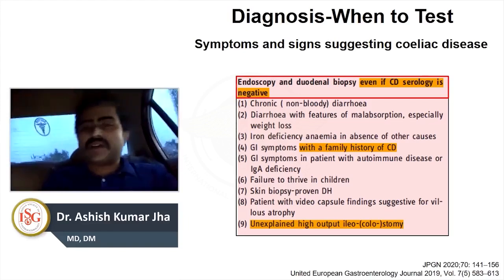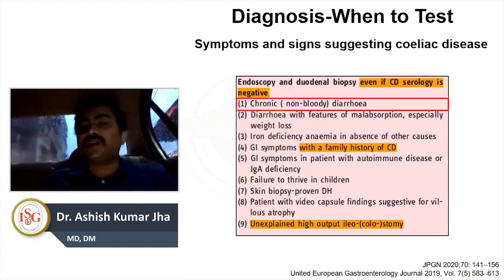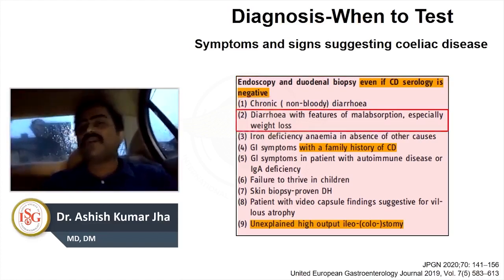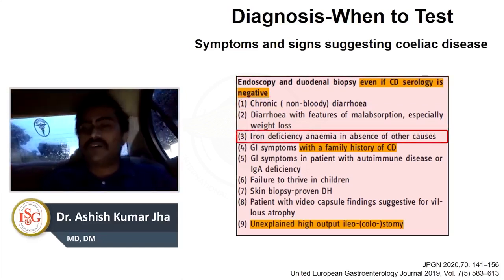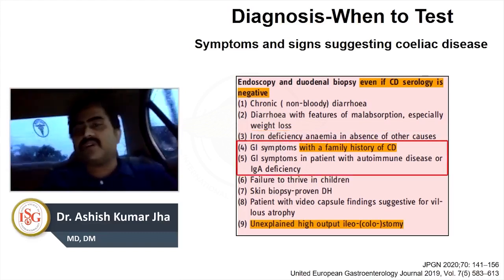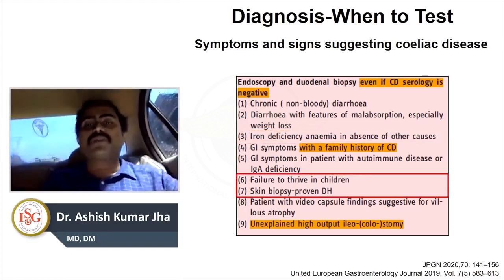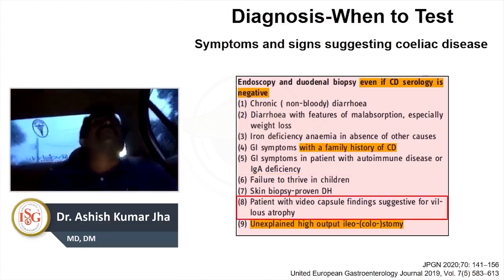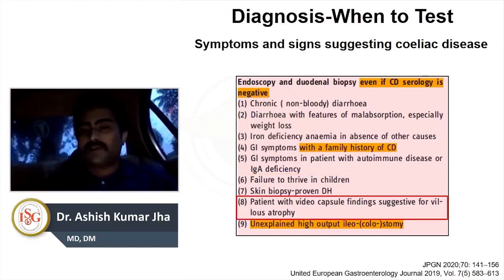In this regard, the recent European guideline recommends that for chronic non-bloody diarrhea, even if serology is negative, one should go for the D2 biopsy. Also for diarrhea with features of malabsorption and weight loss, iron deficiency anemia in the absence of another obvious cause, GI symptoms in patients with autoimmune disease or IgA deficiency, failure to thrive in children, skin biopsy proven dermatitis herpetiformis, and if video capsule endoscopy incidentally detects gross villous atrophy.